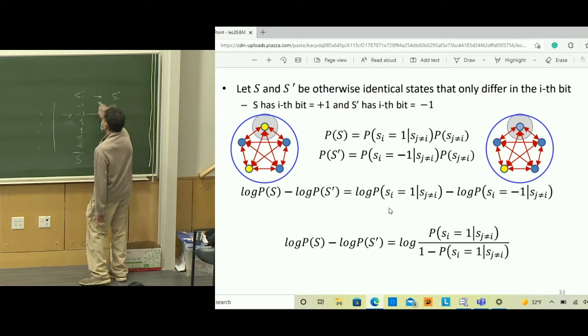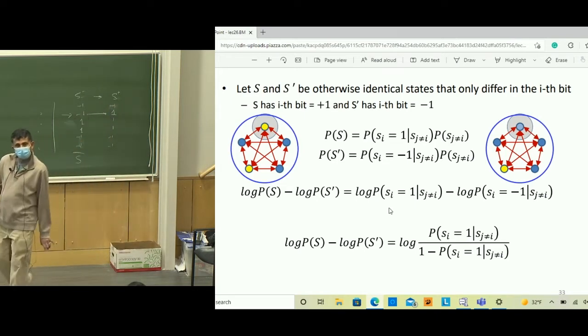Okay? What is the probability difference between these two states?